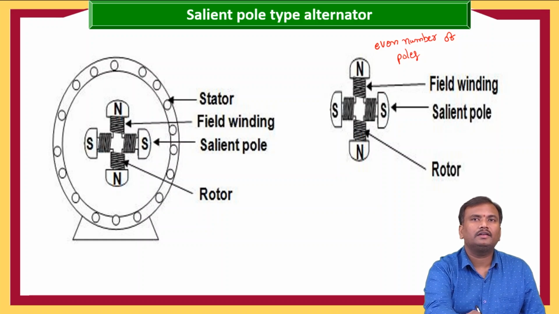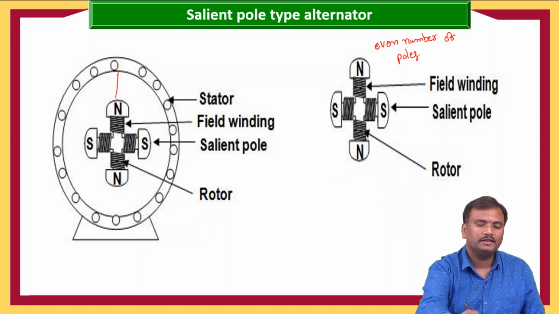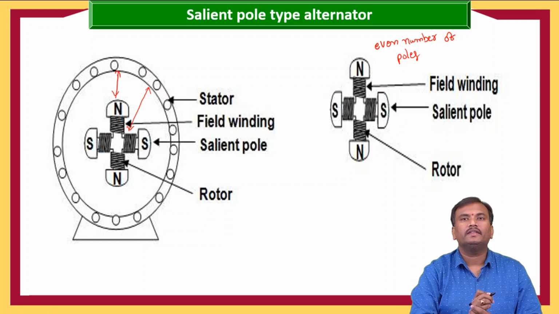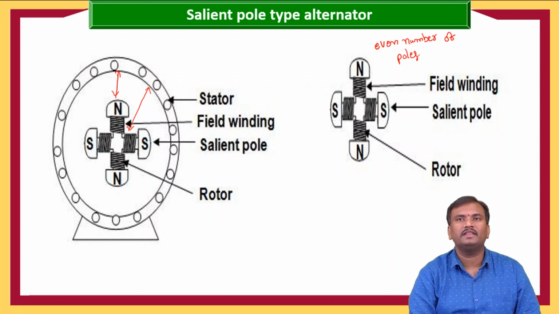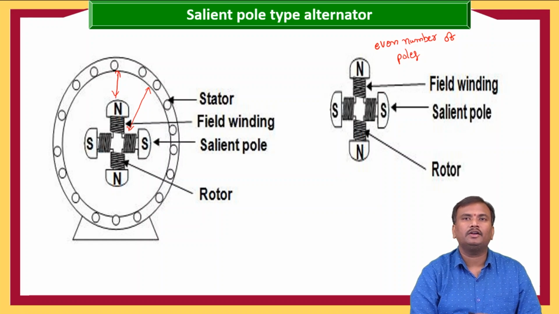And if this is considered, here the distance between the rotor and the stationary conductors is less, and here the distance between the rotor and stationary conductor is more. So there will be a difference in the flux distribution, called non-uniform flux distribution, in the salient pole alternator.